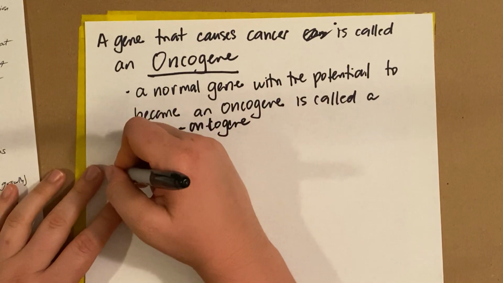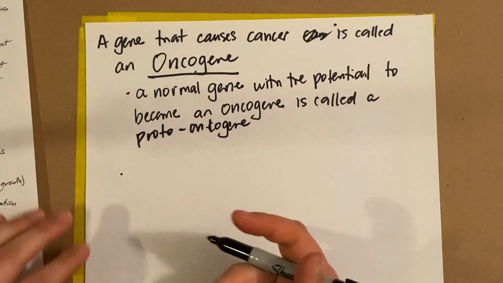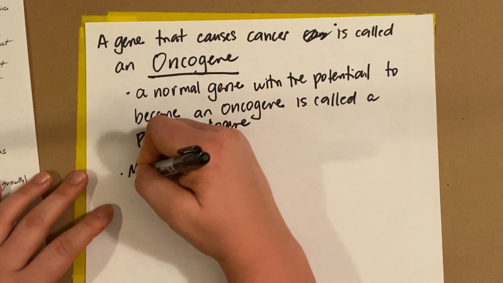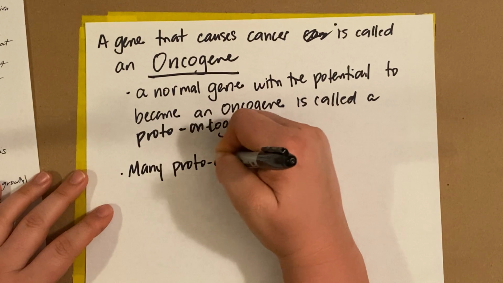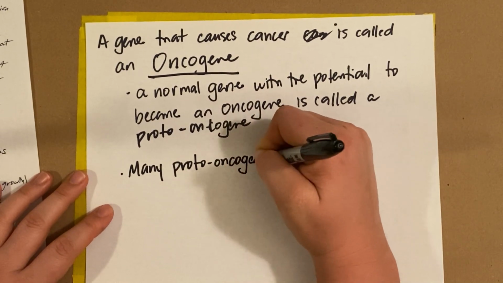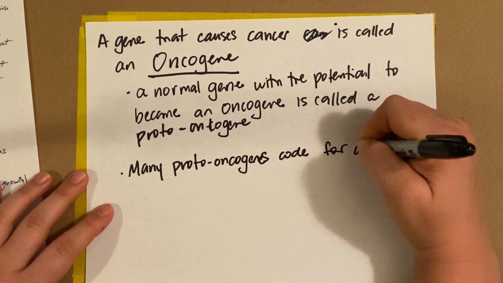Okay. Many of the proto-oncogenes are going to be involved in the cell cycle. Okay, so many proto-oncogenes code for growth factors.